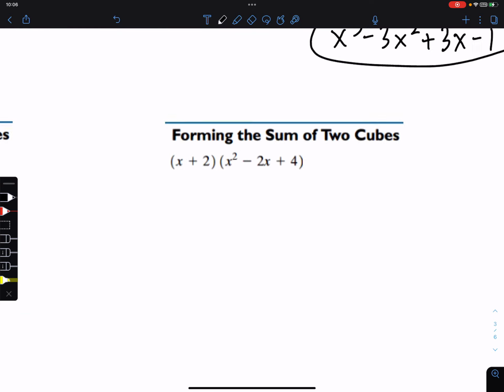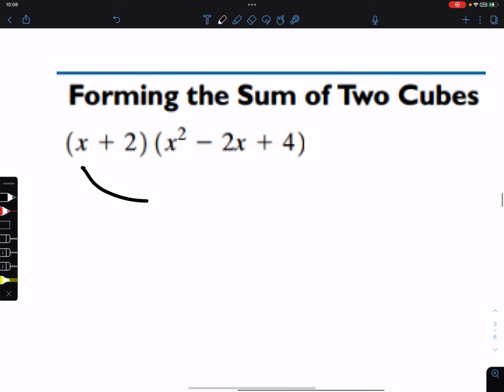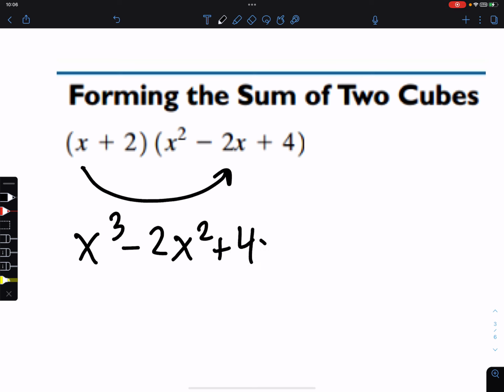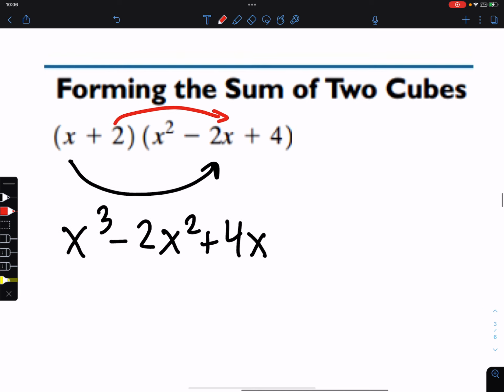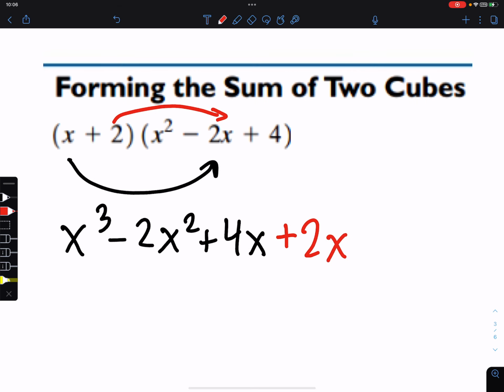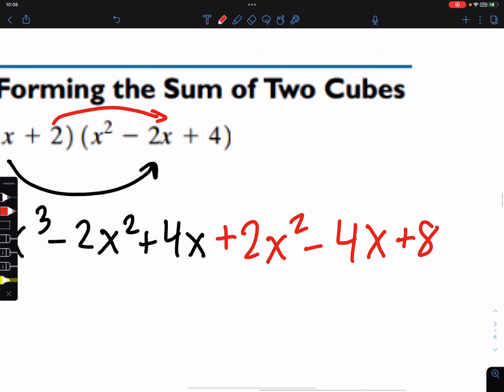Okay, now let's do this again. X times all of this, x cubed minus 2x squared plus 4x, and then we do 2 times all of that, so plus 2x squared minus 4x plus 8.